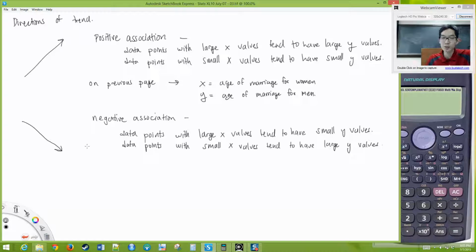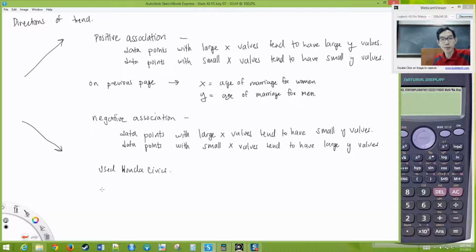Here's a very simple example. Just imagine you go to a used Honda dealer, and you're interested in buying a used Honda Civic. So you're looking at a bunch of different used Honda Civics, maybe like 100 of them.